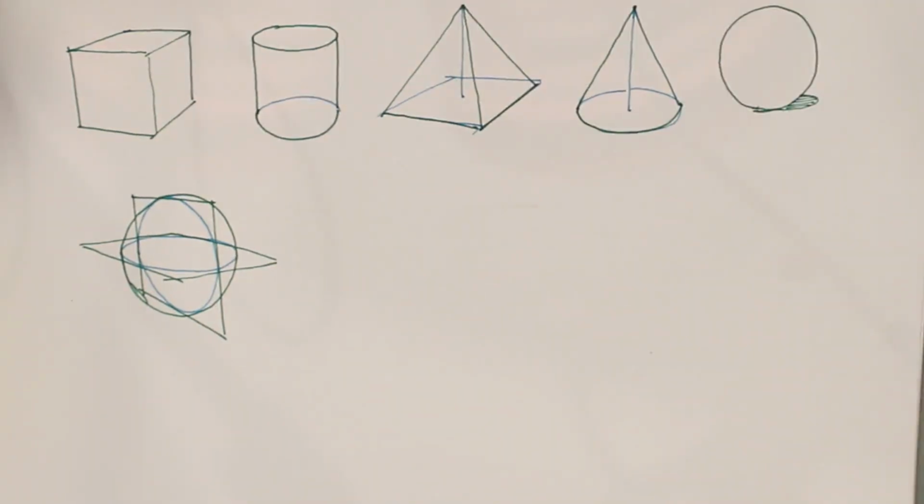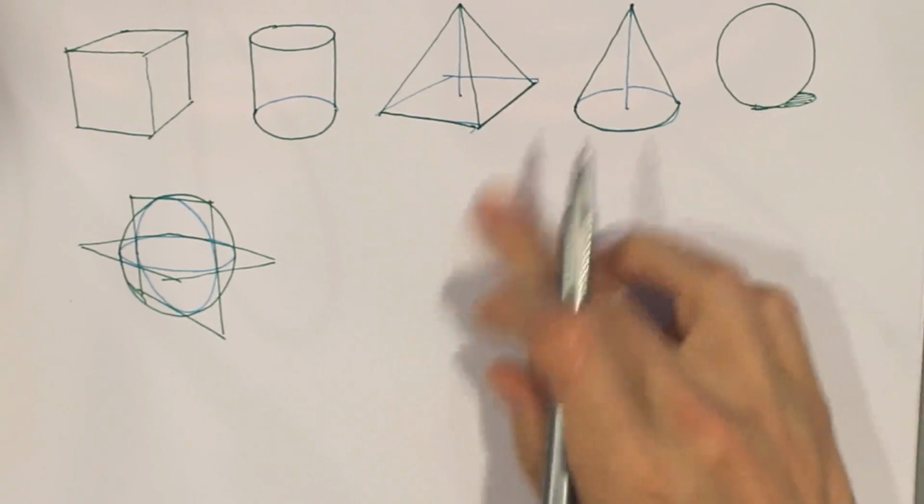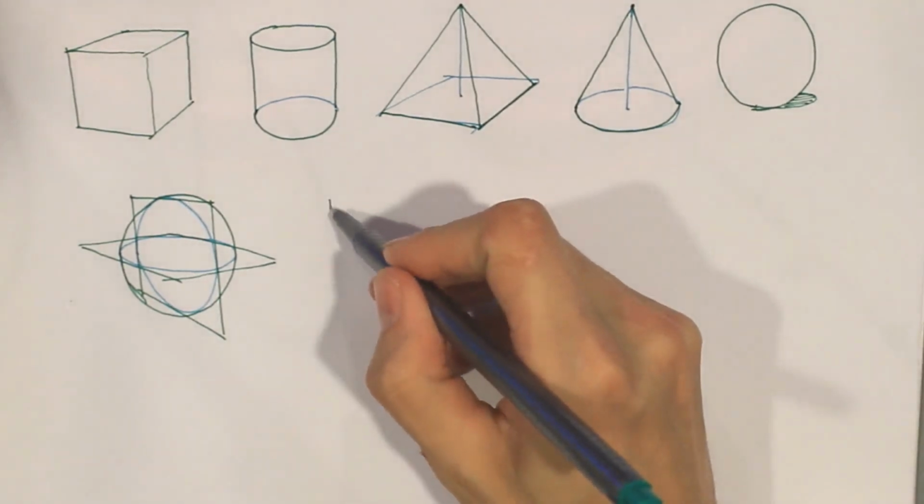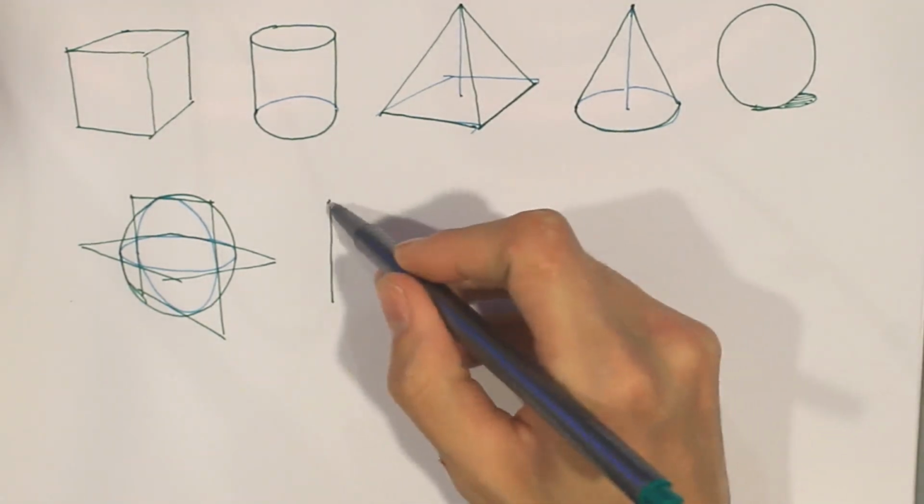All right, now what if you want to make your own custom polygons? Well, you can do this first by figuring out what your shape would look like in an orthographic or flat perspective. So once again, I'll start with a flat square.